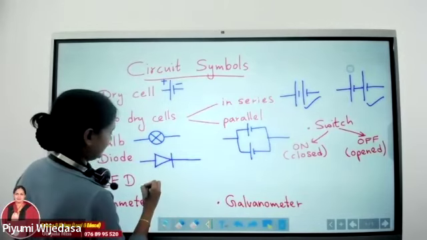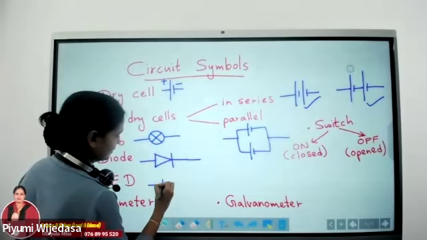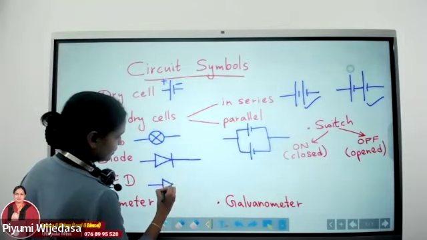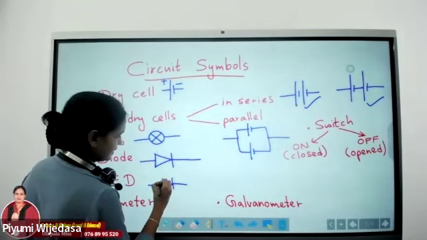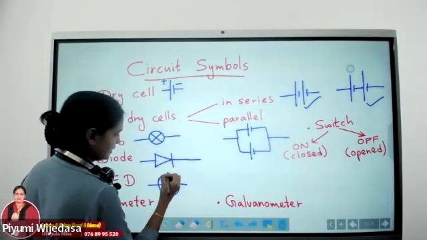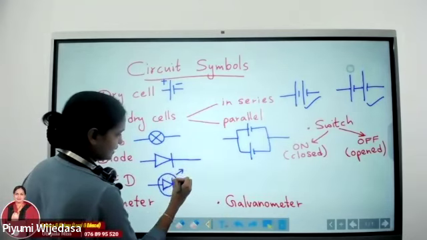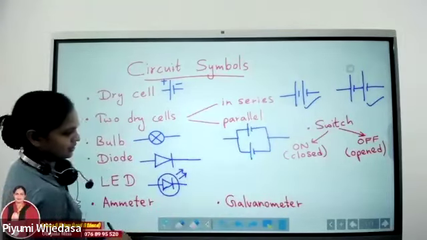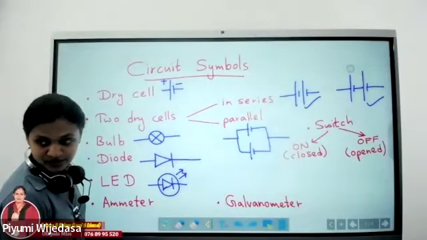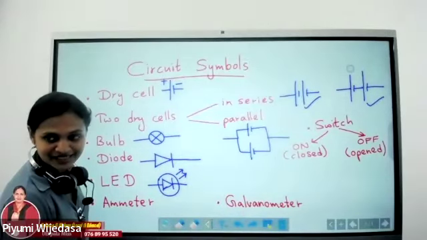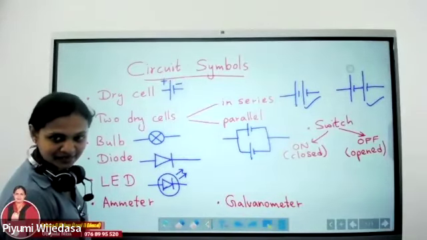Okay. And then the LED, light emitting diode. You draw the symbol of the diode. You can draw a circle even, but the circle is not essential. You have to put two outward arrows to show that light is being emitted.